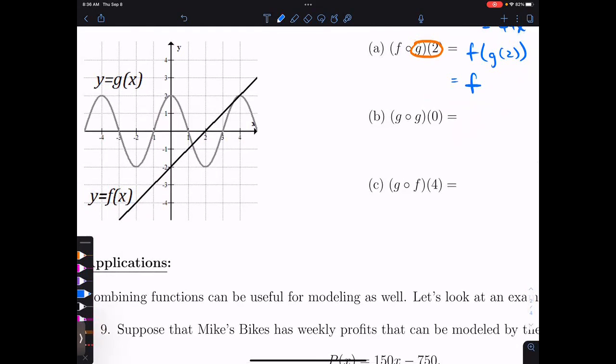So find the x value 2 and then find g. When x is 2, g passes through the point 2, -2. So g of 2 is -2.